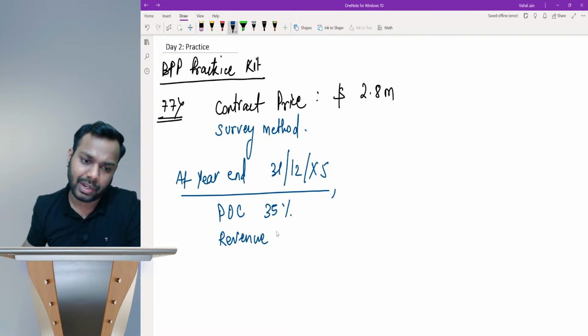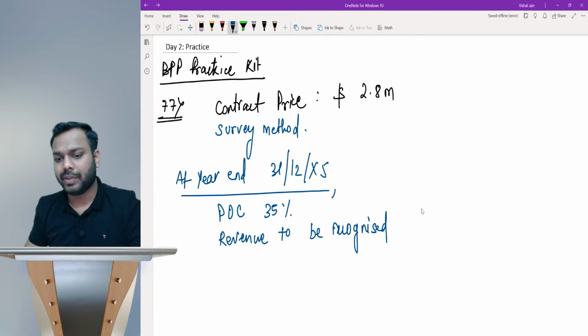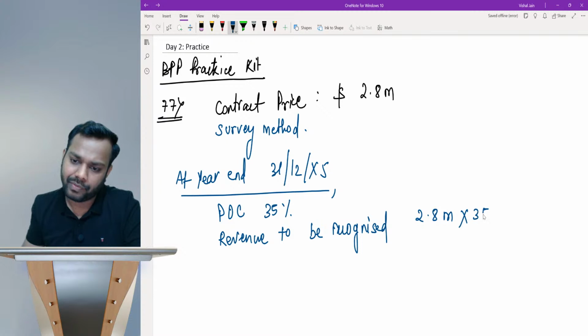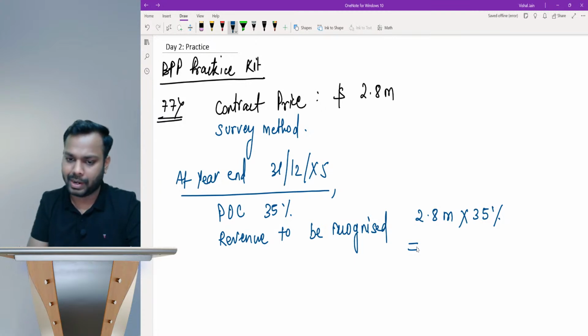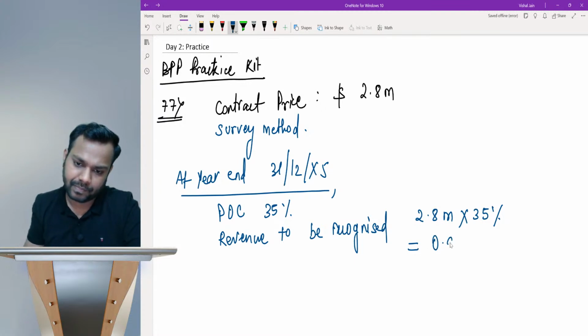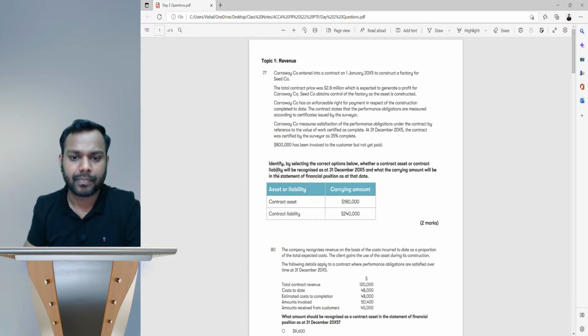So what is the amount of revenue to be recognized? That is 2.8 million multiplied by 35%. 2.8 into 0.35 is 0.98, that is 0.98 million.